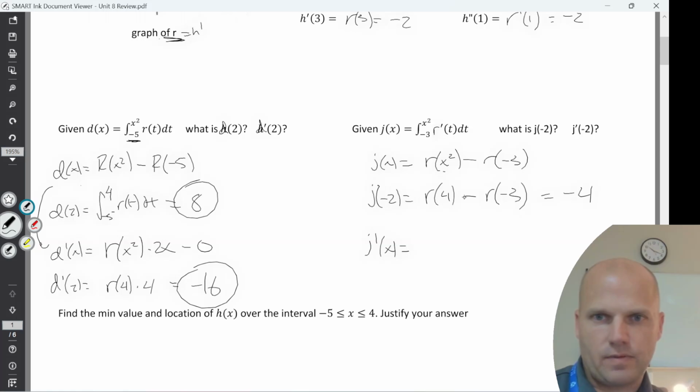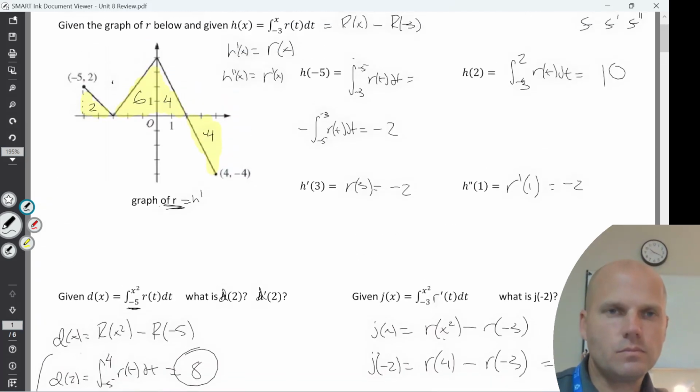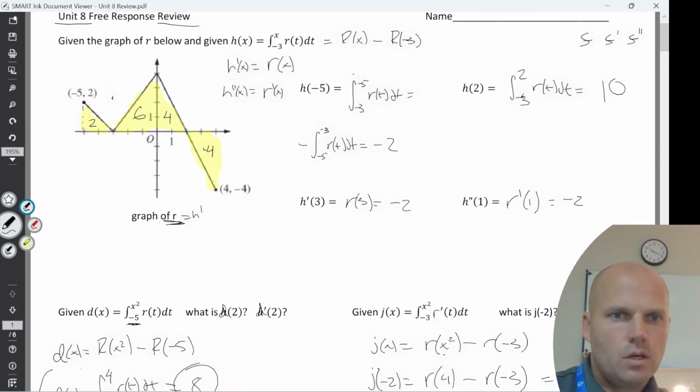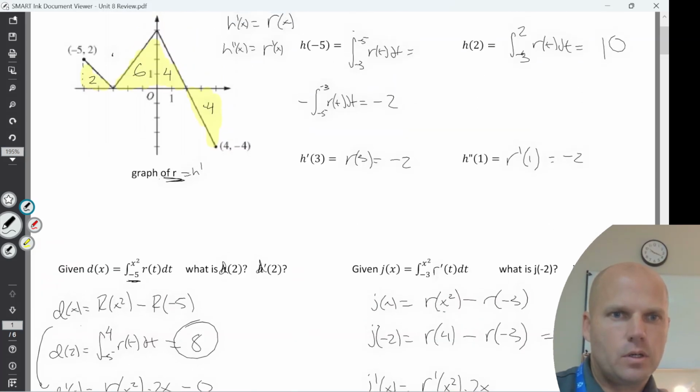I'm going to take the derivative of this and get the derivative of regular R would be R prime of x squared times 2x minus 0. So J prime of negative 2 would be R prime of 4 times negative 4. R prime of 4, I can't really find.